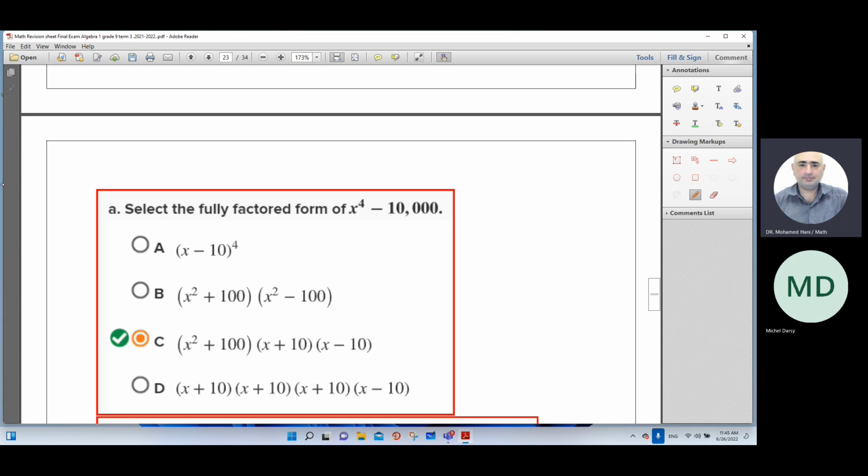And here, an important question. As you see here, we have x to the power 4 minus 10,000. 10,000 means 100 squared, because 100 times 100 equals 10,000.